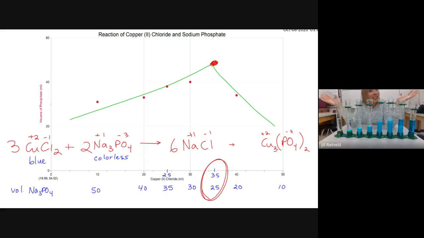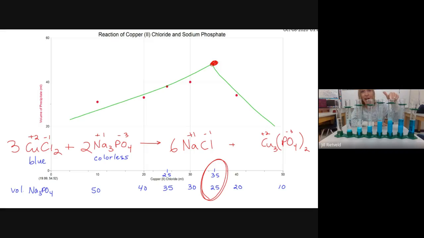Now, if I didn't know the balanced equation and somebody was making a graph with differing amounts of these two solutions, they might ask which ratio gave me the most product? Well, duh, I could just read the graph and follow it down. So the 35-25 combo seemed to give me the most precipitate.